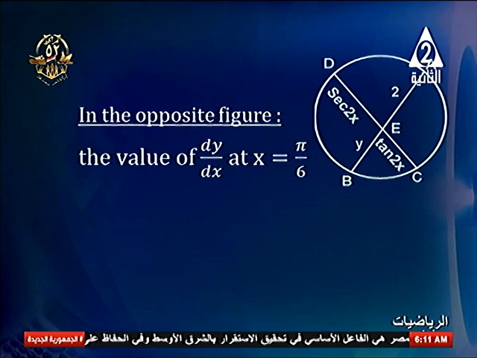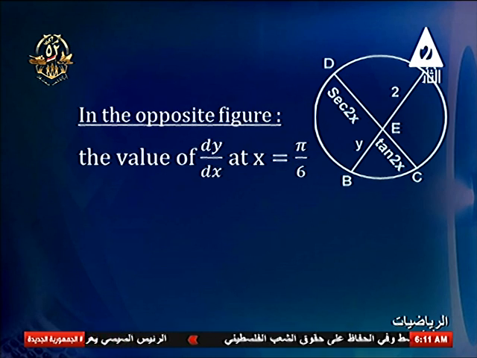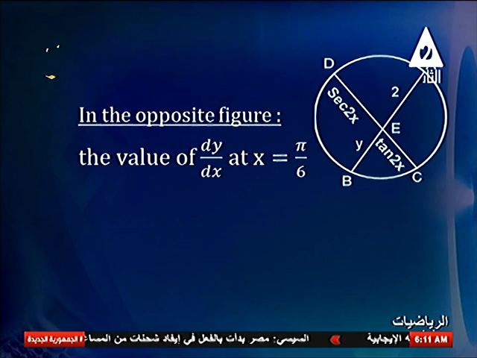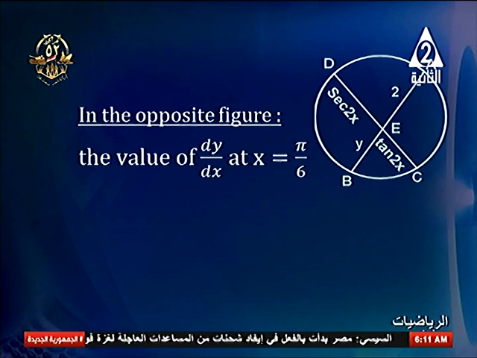Look at this example. In the opposite figure, we have a circle and AB and CD, two chords intersecting at E. AB contains two parts: AE equals 2 units, BE equals y. DE equals sec 2x, EC equals tan 2x.